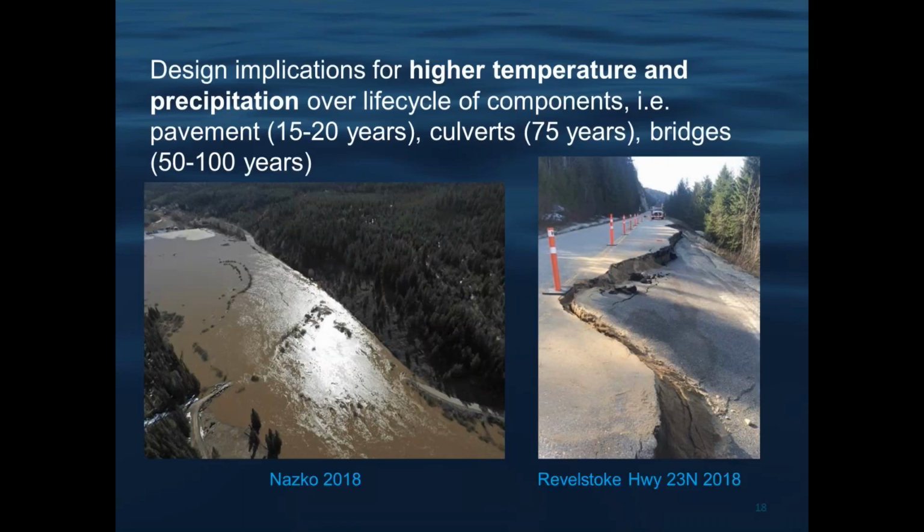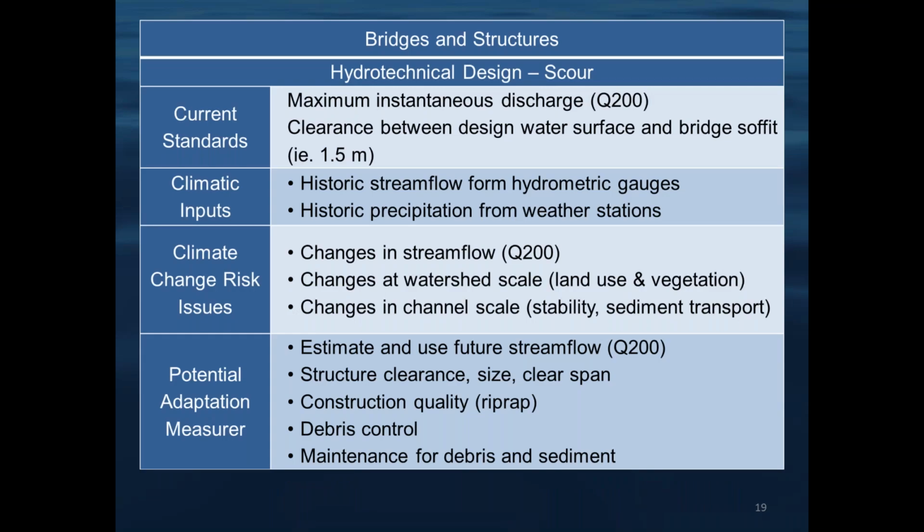Higher temperatures are obviously a problem, and we've been seeing that, and precipitation are a problem. And as the climate lens requires, start looking at the life cycle costs and how long you expect that component to last. So pavements, 15 to 20 years, culverts, 75 years or more, bridges, 50 to 100 years. Those things become important as you start looking out.